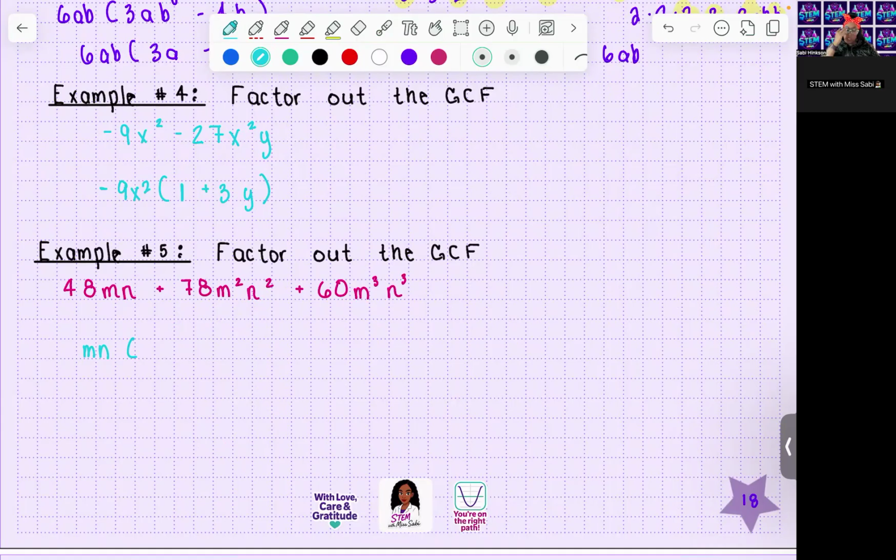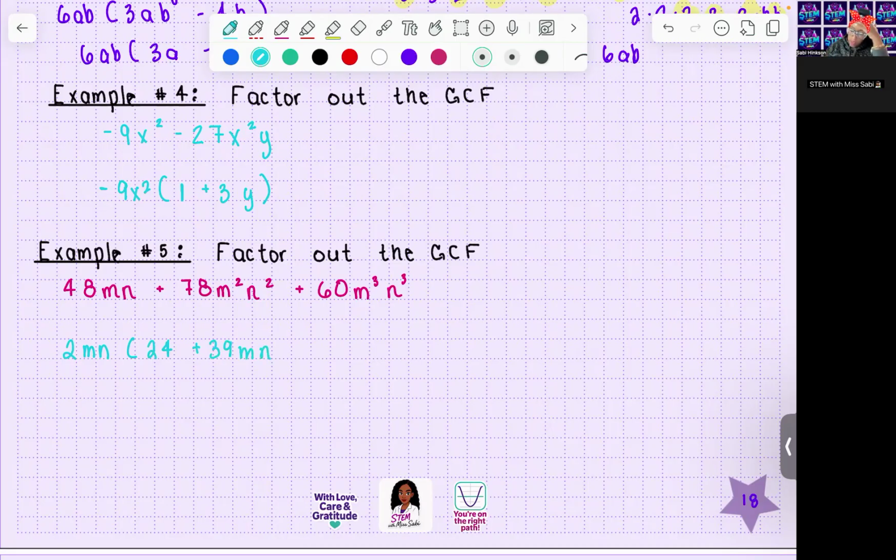What is 78 divided by 2? 39. So I can probably just take out a 2. So the GCF is 2mn. If I take out 2mn, then what I'm left with is 24, right? And if I divide 78m squared n by the 2mn, that is positive 39m.